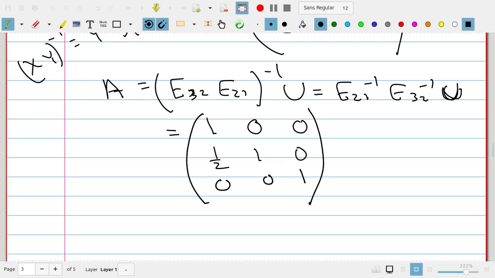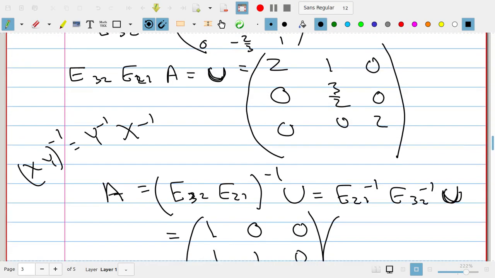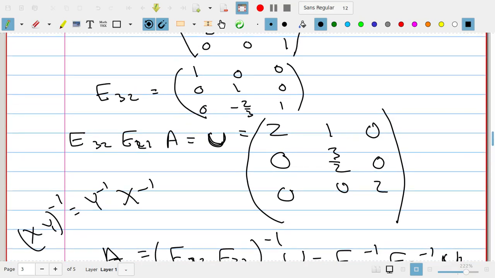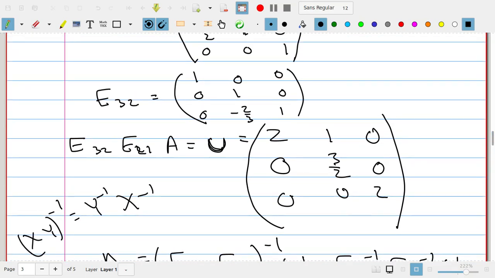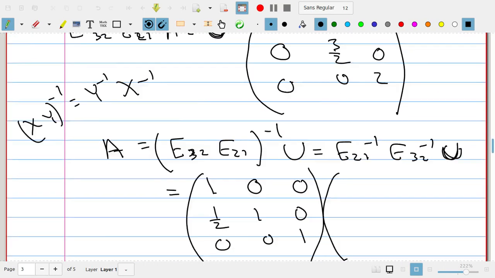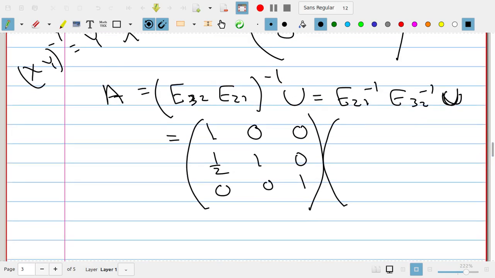This is E21 inverse. And what is E32 inverse? It is the inverse of this guy, so 1, 0, 0, 0, 1, 0, 0, 2 over 3, 1. Times, of course, U.